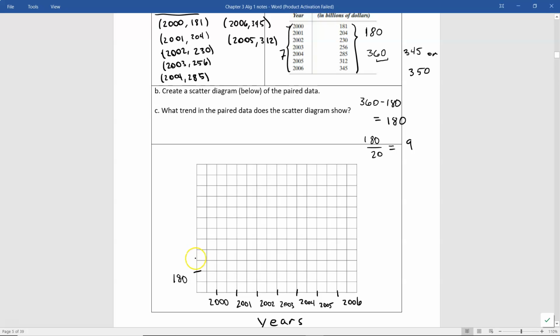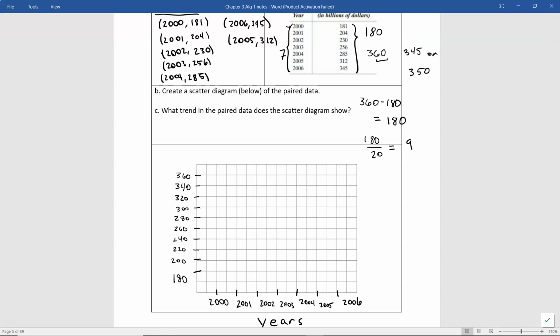So 180, 200, 220, 240, and I'm just doing some tick marks and numbers. Almost there. 360. Okay, so this is what I get.